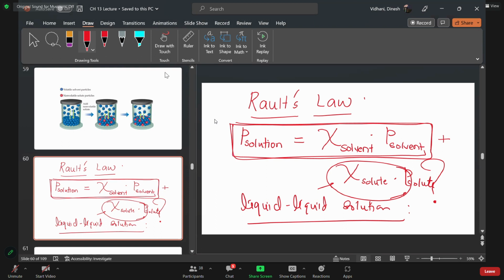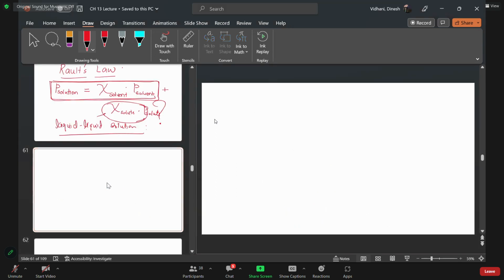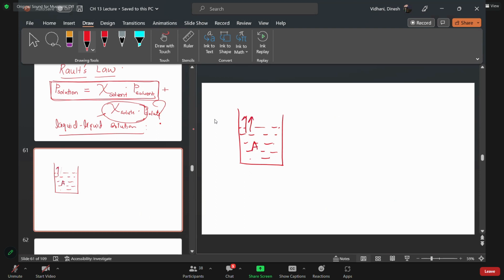Now let me draw this in a different form so that you will understand that. You have pure solvent A. The molecules are going in and they are coming back. There's an equilibrium.